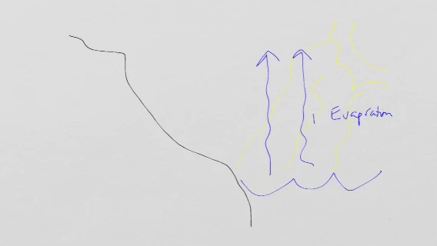But the further we get away from the surface of the planet, what happens to the temperature? It does get colder. Okay? And in the absence of heat, this water vapor ends up going back into liquid water.